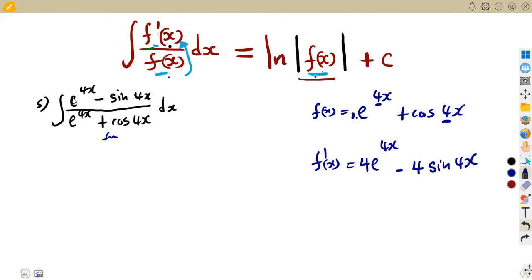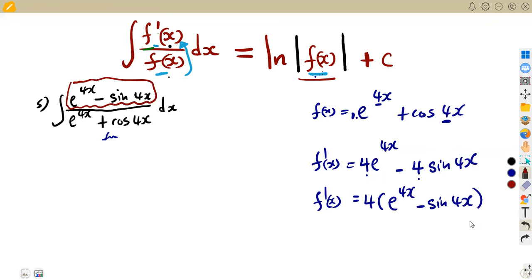And if we check here, there is e to the exponent of 4x minus sine 4x. So here we can just factor out 4, which is common. The first derivative with respect to x is going to be 4 into e to the exponent of 4x. We divide 4 and 4, we remain with the minus sine 4x, so that we can properly see the e to the exponent of 4x here, which is the same as this part that we see here.